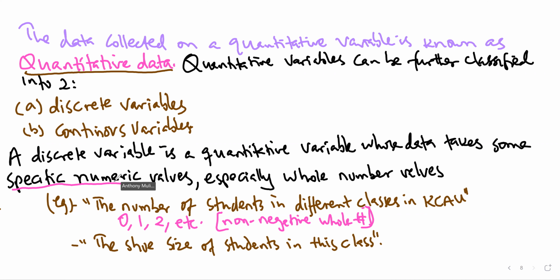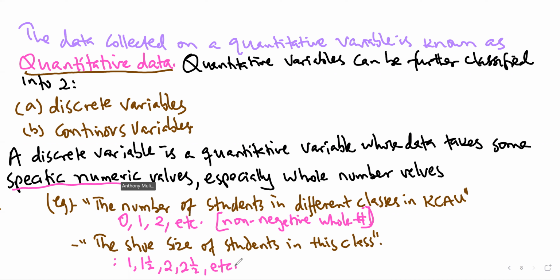There's another example I like giving, the shoe size of students in this class. You notice that shoe sizes sometimes are given as a mixture of whole numbers and their corresponding halves. For example, you can have a shoe size number 1, number 1.5, number 2, number 2.5, etc. But you cannot find any other decimal except 0.5.